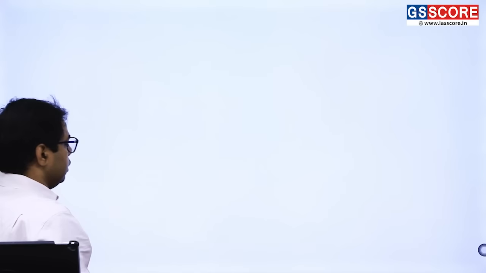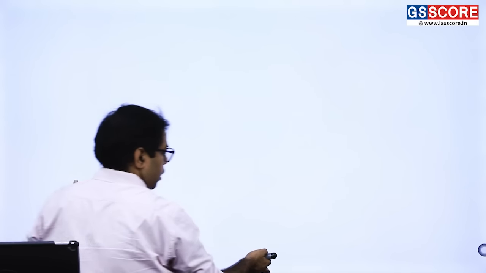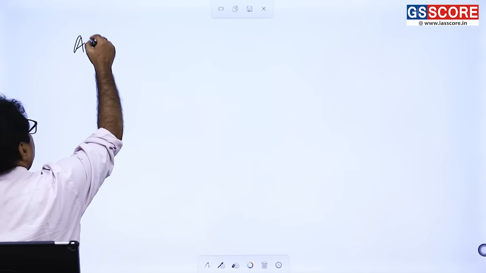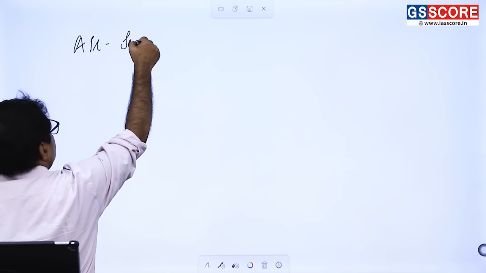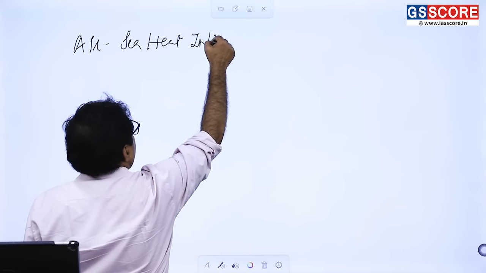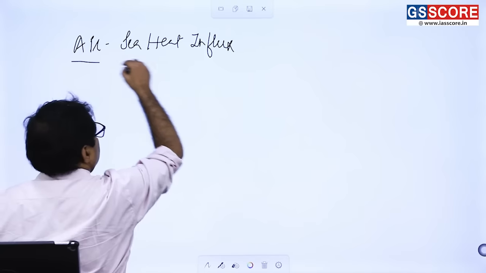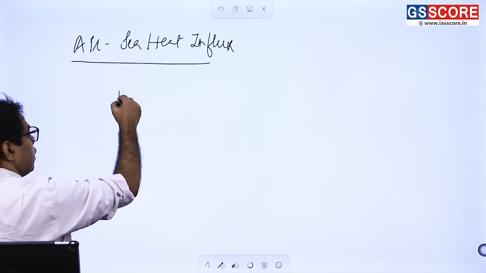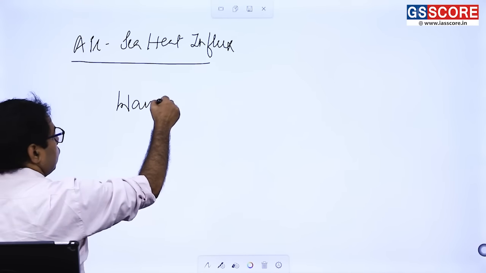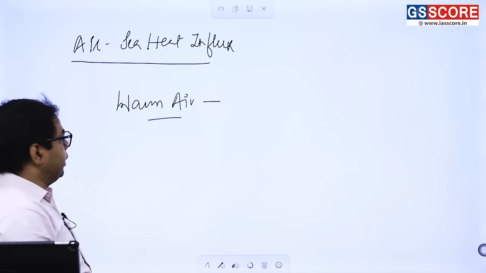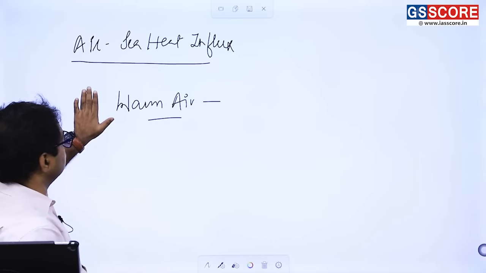The second factor we say is air-sea heat flux. Here air-sea heat flux means the warm air, or the air blowing over the oceans.